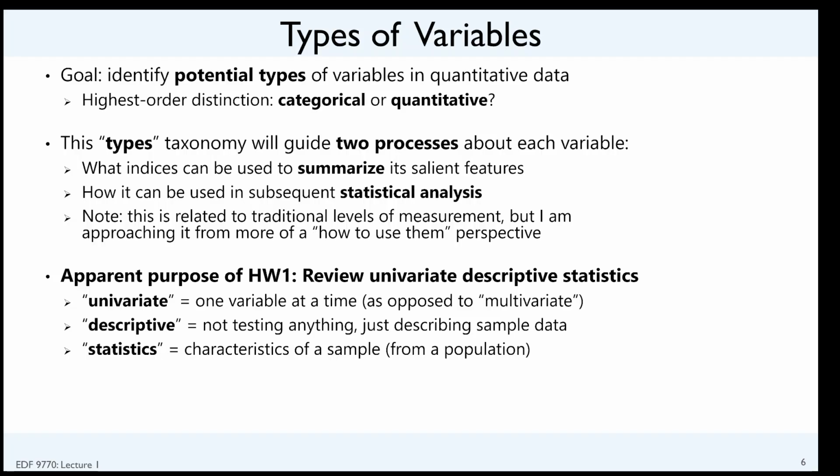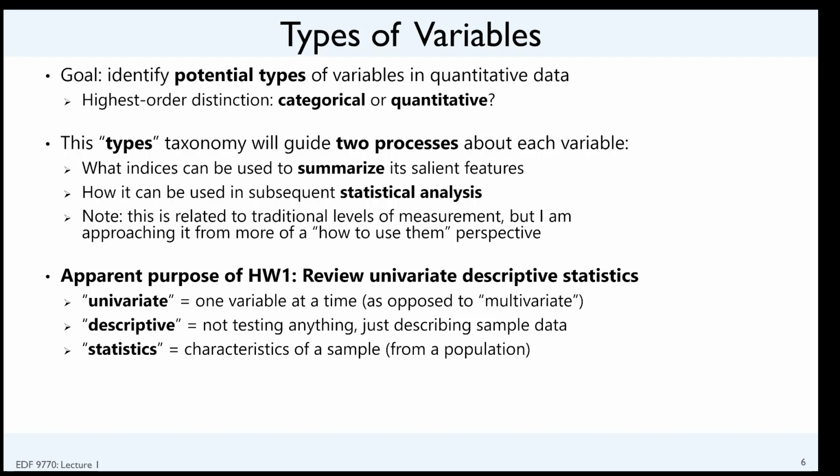So I will say that on paper, it looks like your first homework assignment is going to be reviewing univariate descriptive statistics. Breaking that down, univariate means 1 variable at a time. Alternatively, you can have bivariate, which means, can you guess? 2. And multivariate, which means a lot. Yeah.